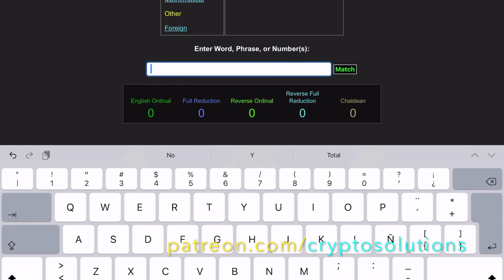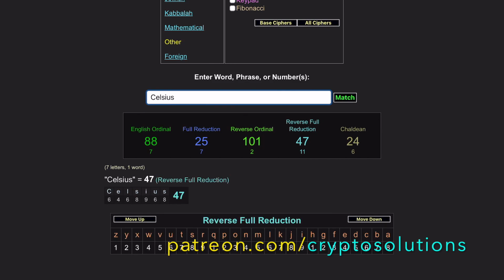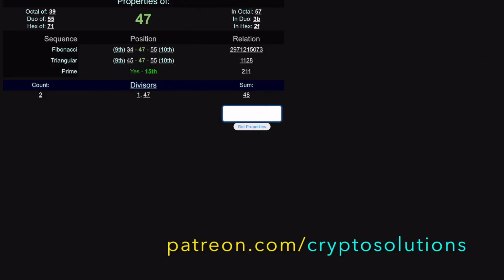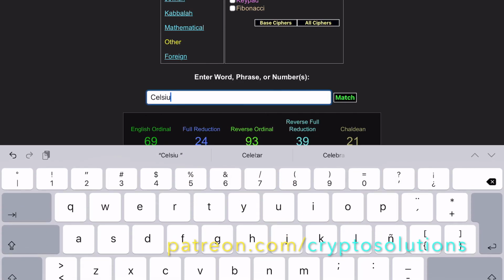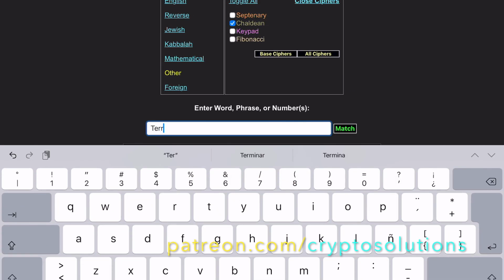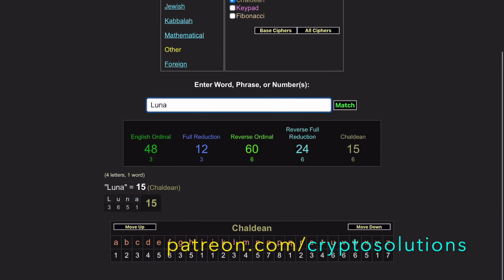For example, Celsius, the famous cryptocurrency exchange. Look at this, 47. If you look at the prime number, it has 15. That also counts. And Celsius went bankrupt. And if you go to Terra Luna, let's see right here, Terra Luna, and boom, 15, and it went to 0.